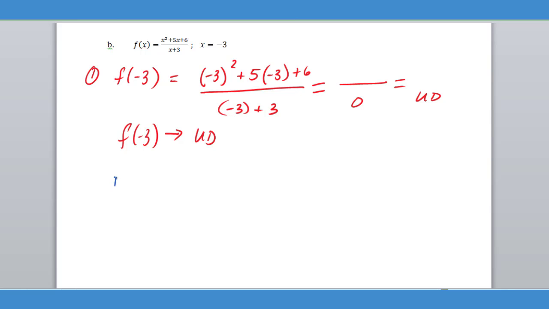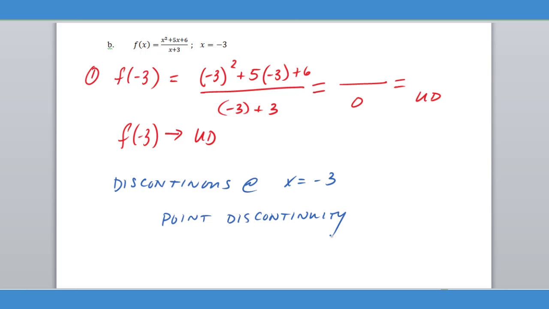So we can make this statement: since it's discontinuous at x equals -3, it has a point discontinuity. You would not even have to continue with the second and third tests, and that would be the end of this particular sample problem. Hopefully you were able to mathematically prove the continuity or disprove it with the given continuity test.